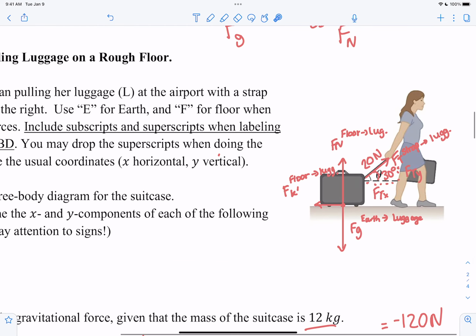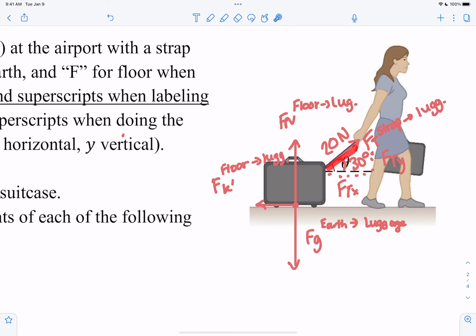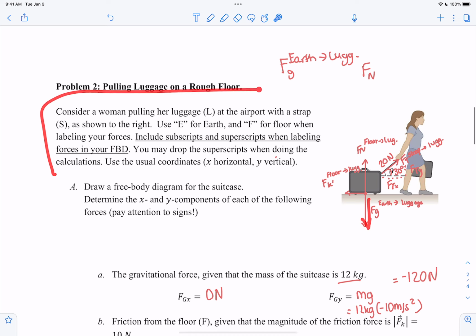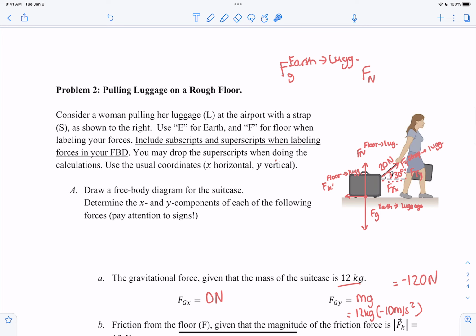But at the same time, if you think about the nature of this problem, if the woman is literally just dragging this luggage across the floor, right? She's pulling it behind her. That luggage isn't levitating and it's not sinking to the floor, at least according to the details of the problem. So if you use your intuition, and you'll build this up as you go along and solve more problems, if you have some kind of decent intuition with regards to these physics problems already, you can kind of assume that, okay, well, there's not going to be any net force in the y direction, because this thing isn't moving upwards and it's not moving downwards.